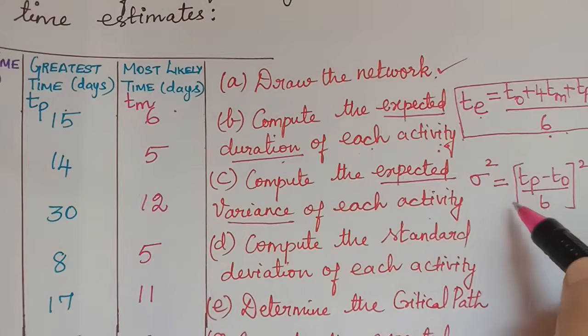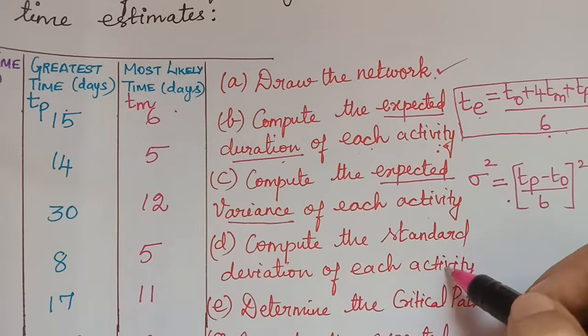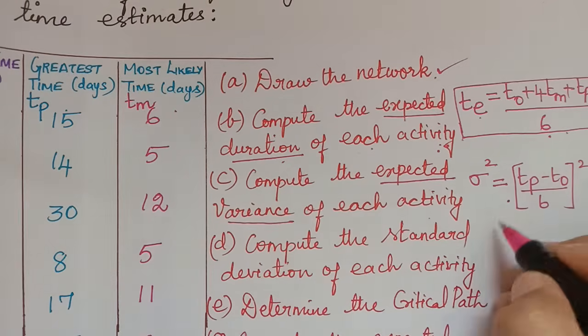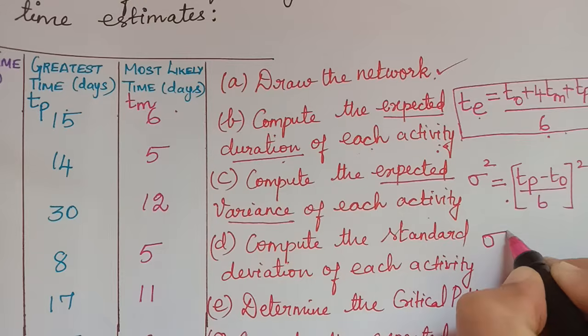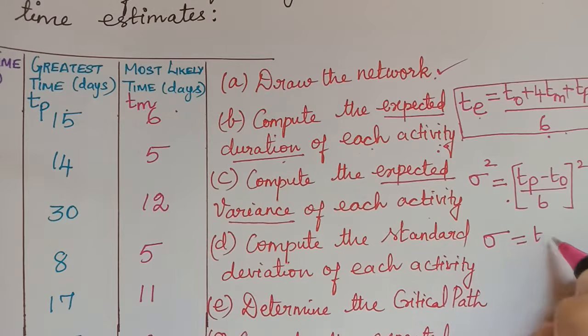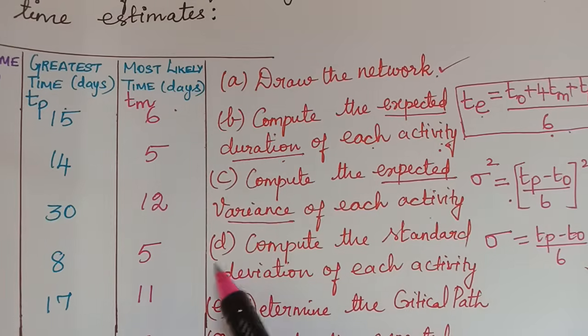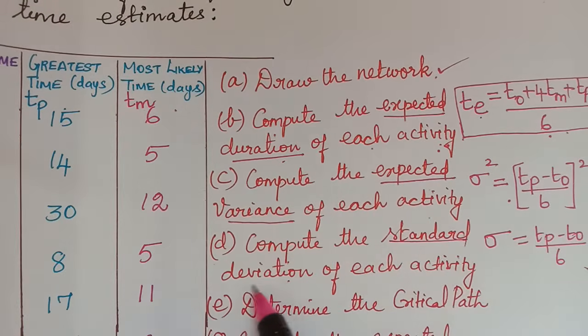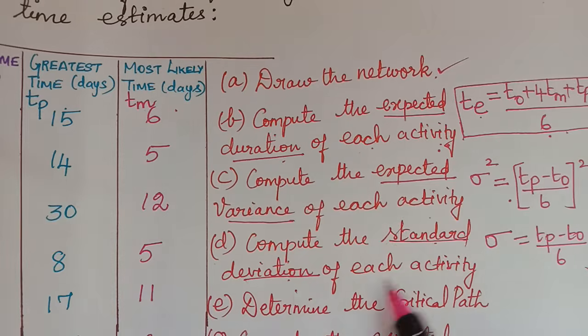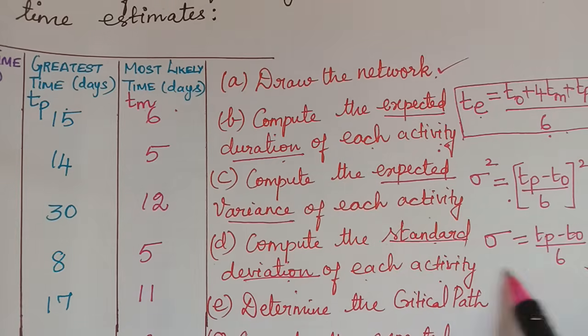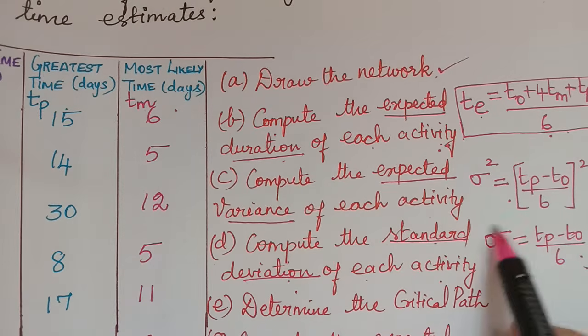For each activity we have to calculate this. And standard deviation is the square root of this. That is, standard deviation is represented as sigma, which is equal to (TP minus TO) divided by 6. Okay, so this is the standard deviation. For the standard deviation of each activity we have to calculate using this formula, and squaring this we will get the variance.